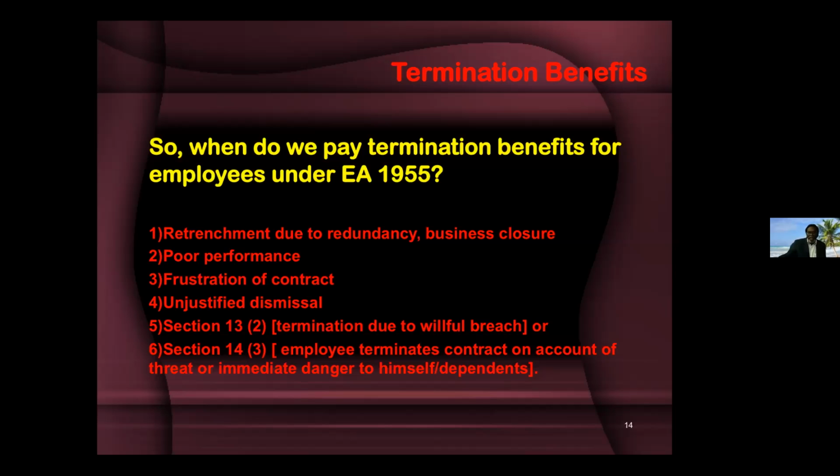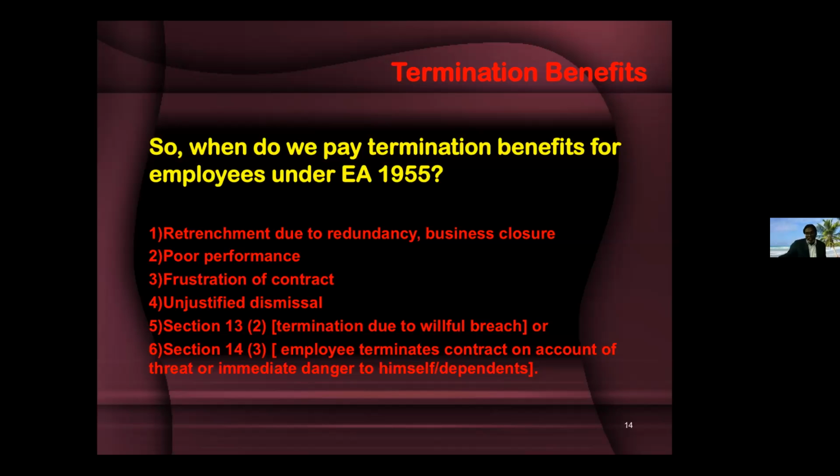So which is why we've come across cases from the Labor Department, we've been through this before, whereby they've actually ruled that if an employee is dismissed due to frustration of contract, or his employment contract is frustrated, the employer is actually obligated to pay termination benefits.